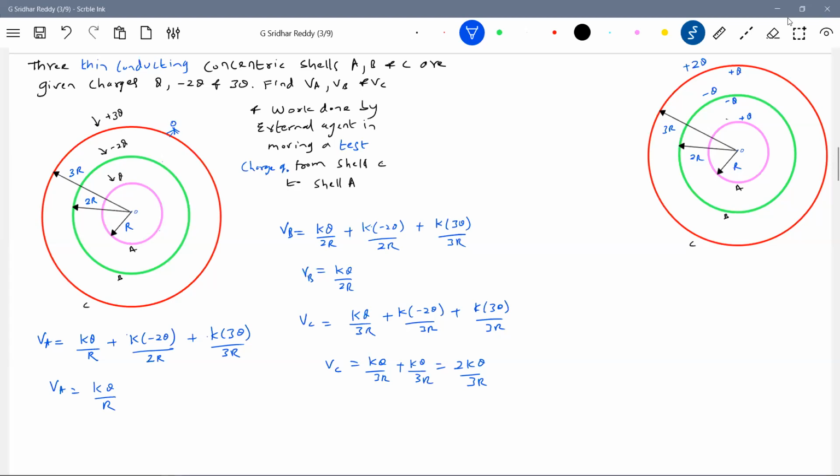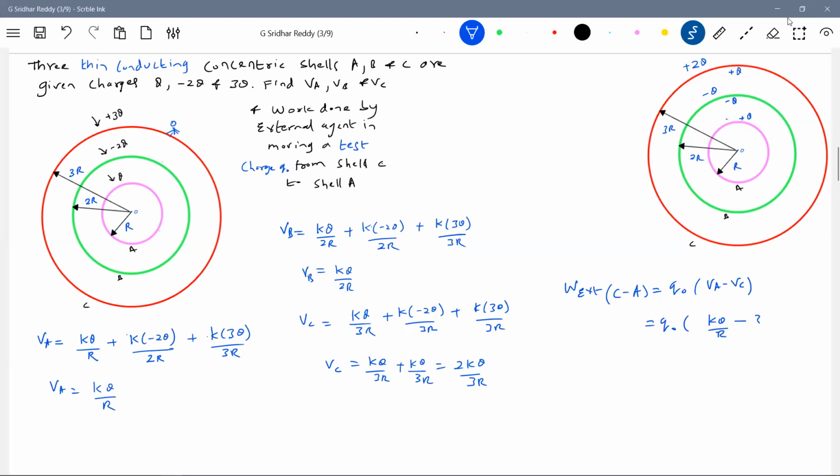Any formula? Work done by the external agent in moving a charge from shell C to shell A should be equal to Q naught into VA minus VC. Can you remember this formula? So we know VA and VC, substitute there. Q naught. VA is how much?